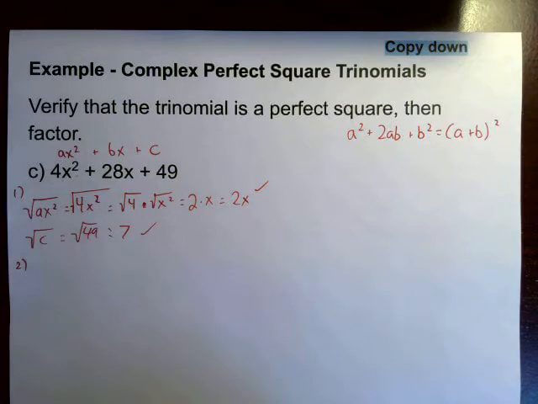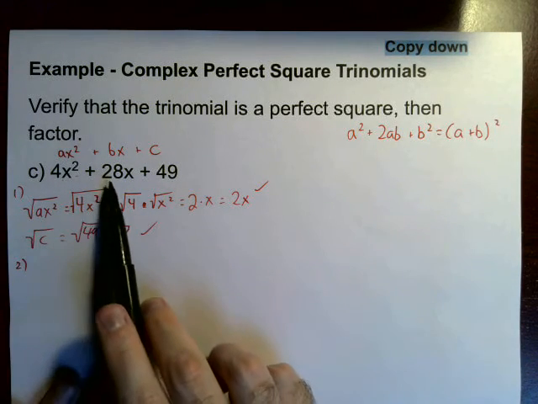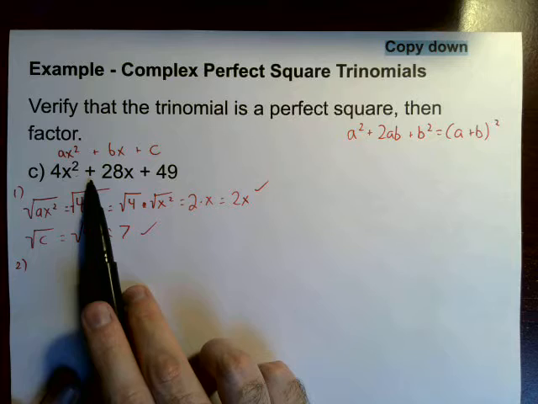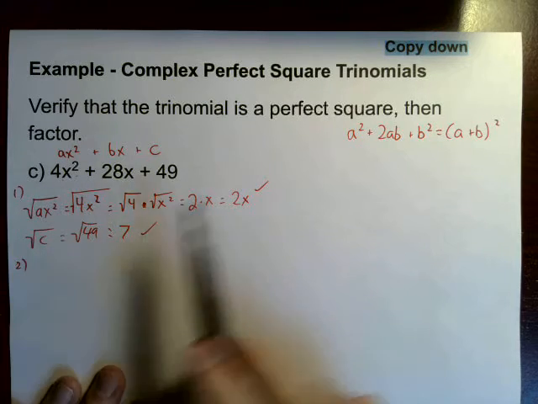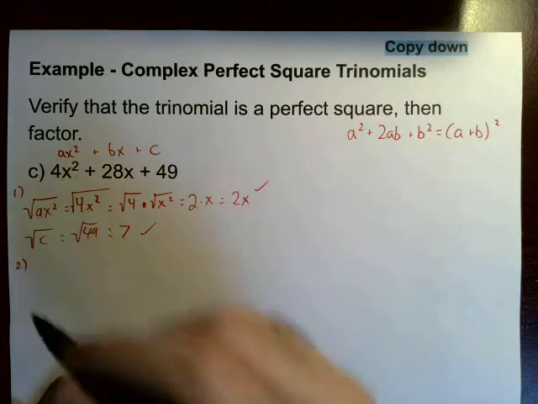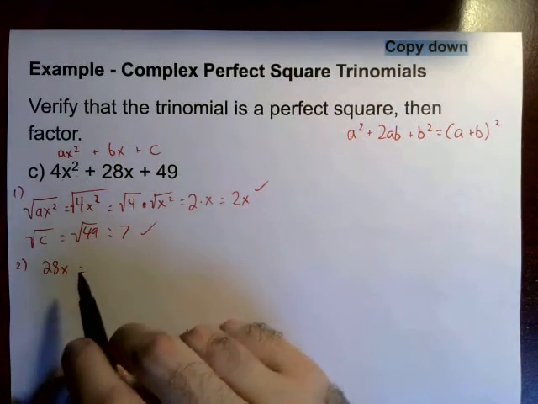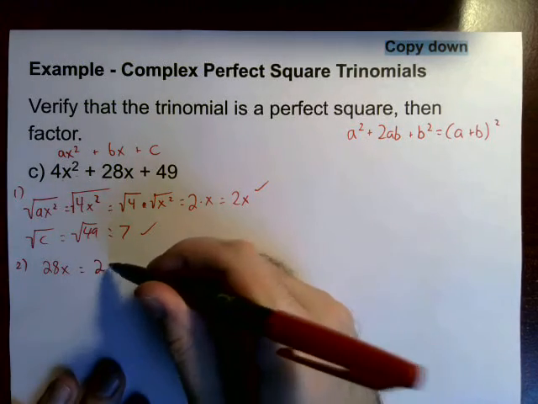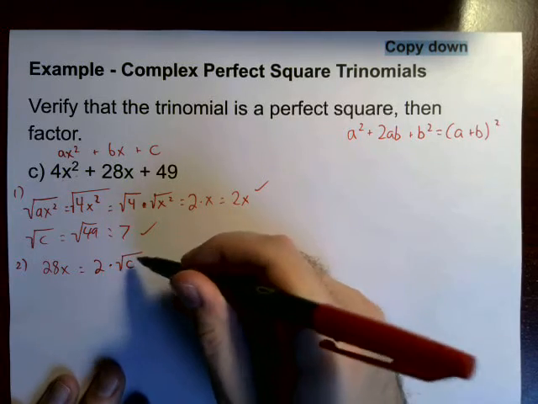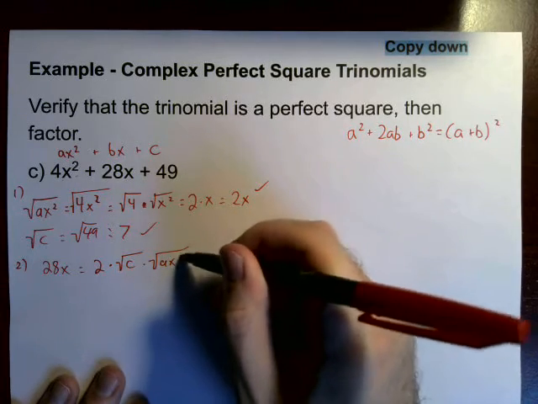And then the second piece of proof that we need is, since this is a positive middle term, we have to check that 28x equals 2 times the square root of c times the square root of ax squared.